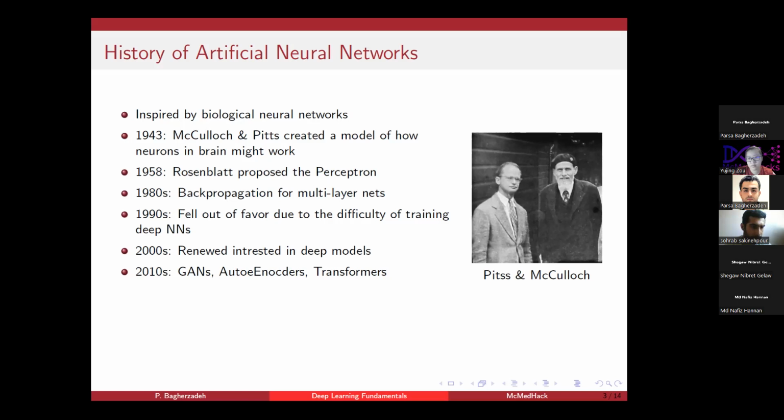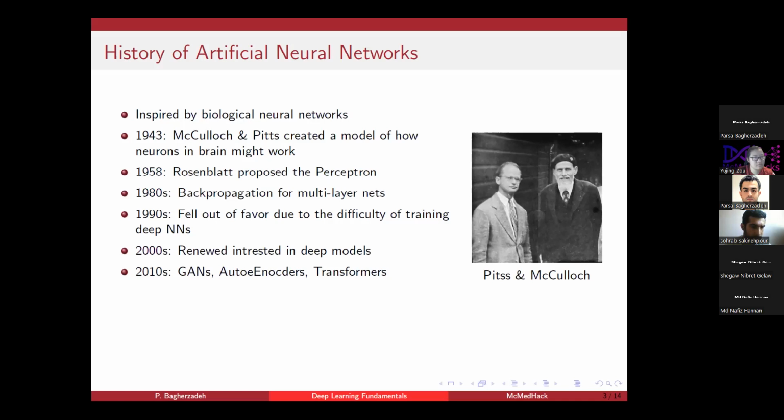The first attempt at modeling how neurons in our body and in our brain might function was in 1943 by McCulloch and Pitts. They can be considered the fathers of ANNs. And then in 1958, Rosenblatt proposed the perceptron, which was a huge step at that time for the ANN community.